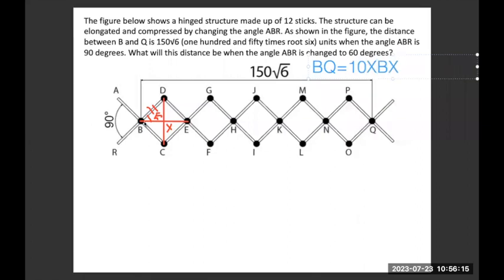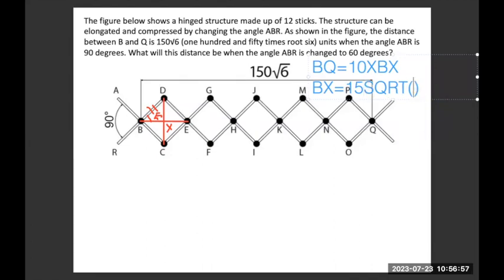Because these 5 entities are 1, 2, 3, 4, 5, and one entity is 2 times BX, the total of 5 entities will be 10 times BX. So BX will be equal to 150 root of 6 divided by 10, which is 15 square root of 6.